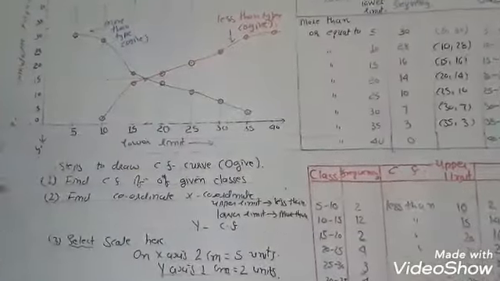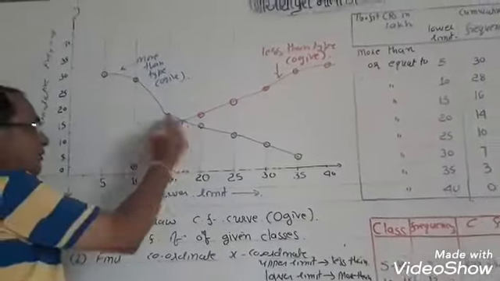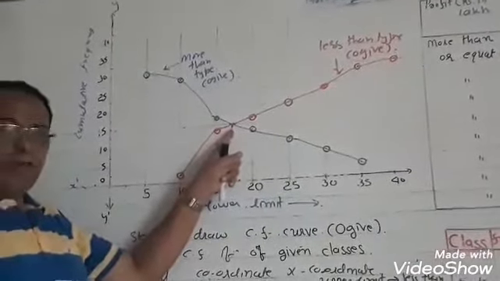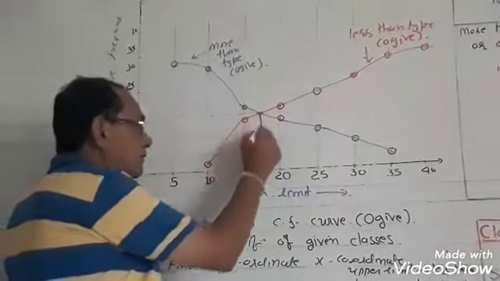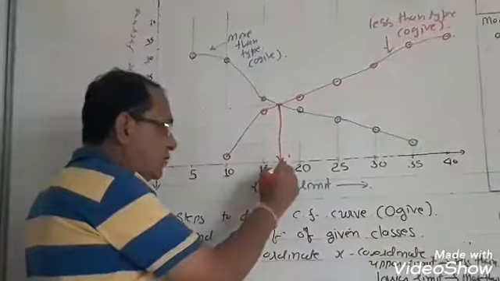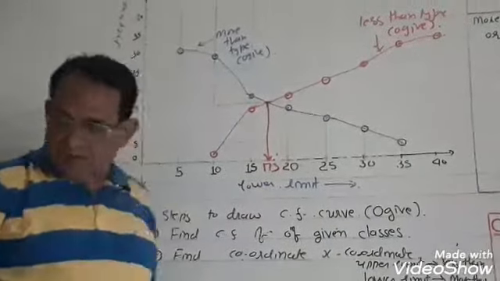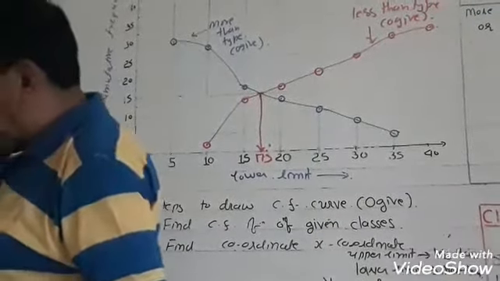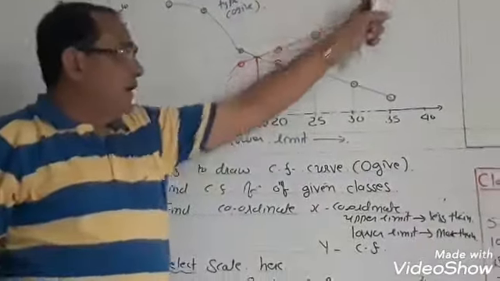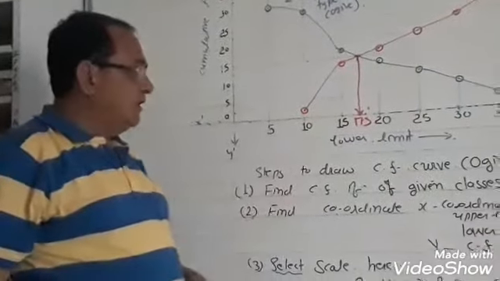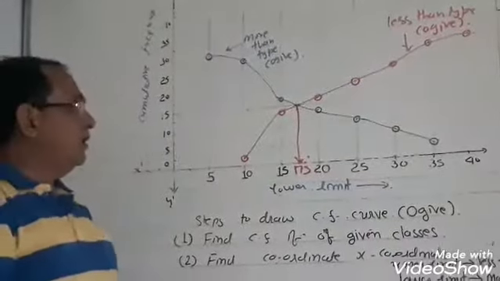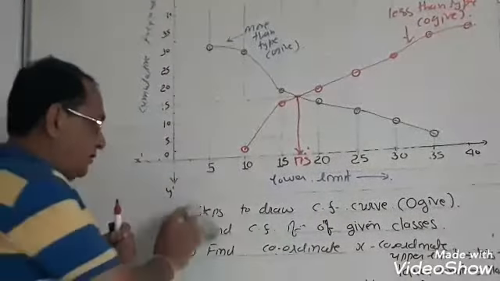Okay, what is your intersection point? That is your intersection point. The x coordinate of the intersection point is your answer. X is equal to 17.5 is your answer. On the same graph paper, we have drawn both the more than type and less than type frequency curves and got the answer as the x coordinate of the intersection point.